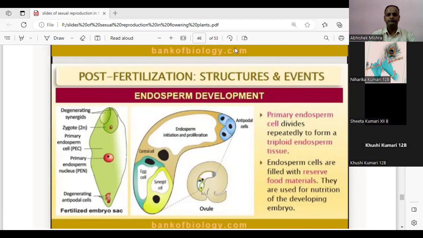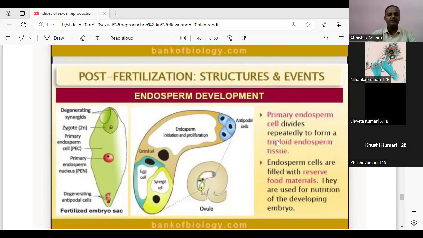And the second male gamete fuses with the fused polar nuclei, and this forms the PEN, primary endosperm nucleus. Okay, so now from here we will connect the double fertilization, and now we will come to endosperm.